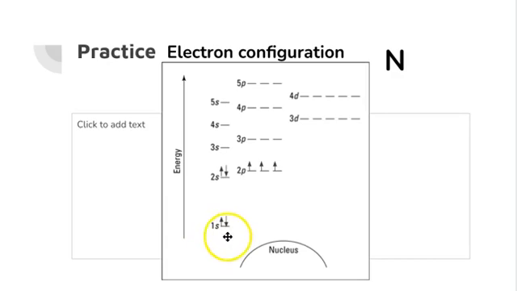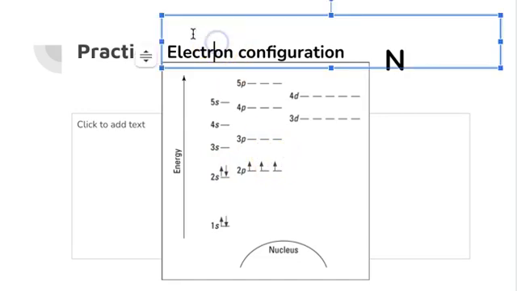I filled in my orbital diagram, 1, 2, 3, 4, 5, 6, 7. So to do my electron configuration, I'm going to type out, starting from the nucleus, 1s2, 2s2, and then my last level is 2p, and I have to count how many electrons. 1, 2, 3.